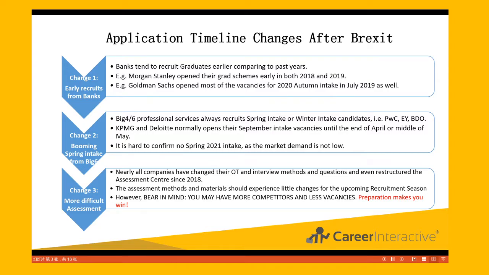However, since late 2018, most of the companies changed their recruitment method. They changed this online test into an online immersive test. So what does online immersive test mean? It means you will have all types of skills merged together to be tested in one sitting.